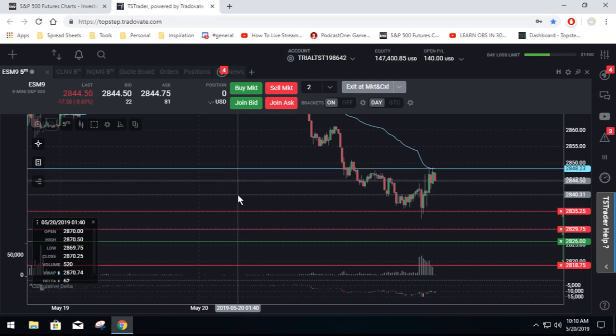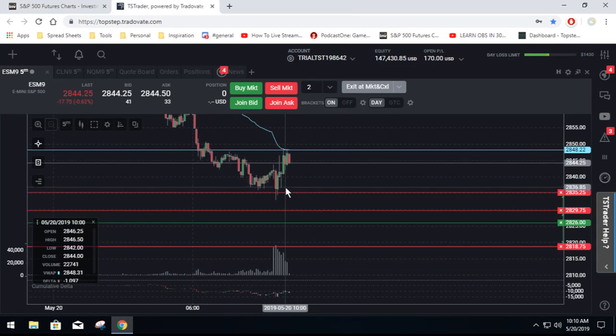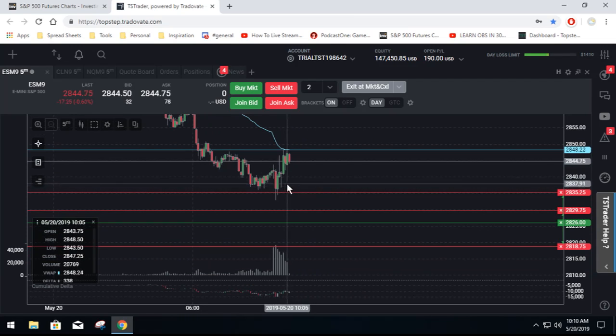Yep, a lot of price acceptance between and VWAP. Buyers and sellers in a struggle right now.